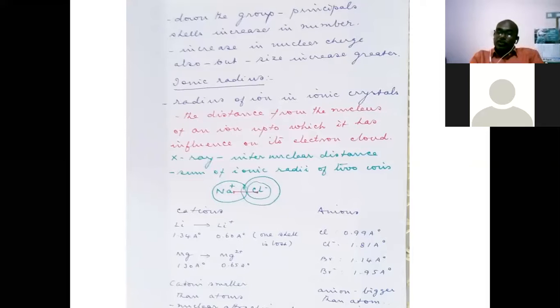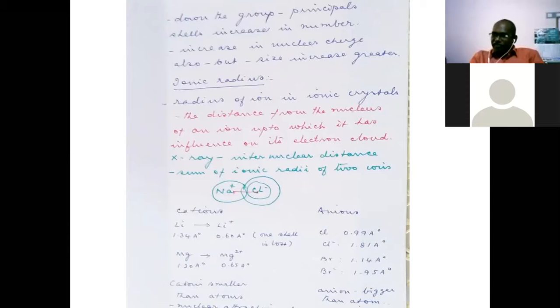The two ions which touch each other in ionic crystals will be ions of two different elements, one a cation and the other an anion. You can never hope to place two cations or two anions together, because of the electrostatic repulsion.